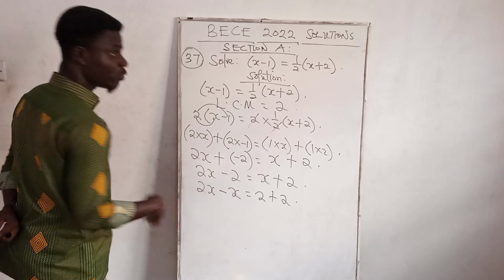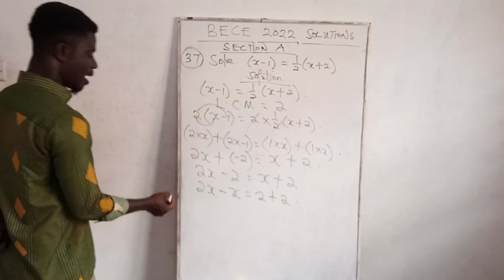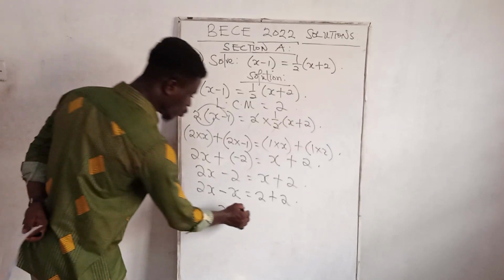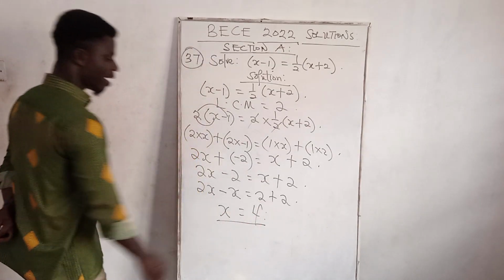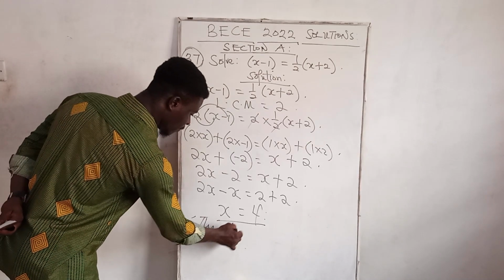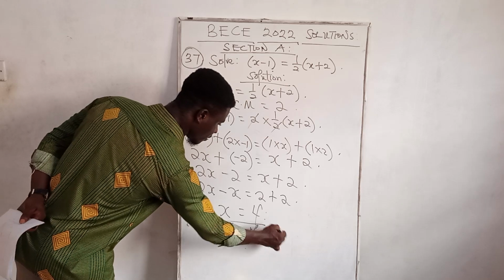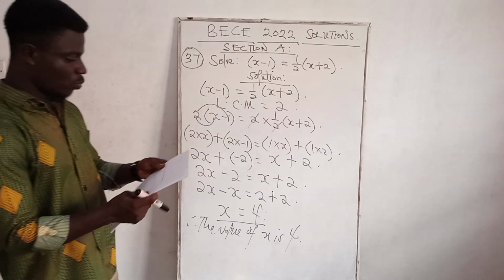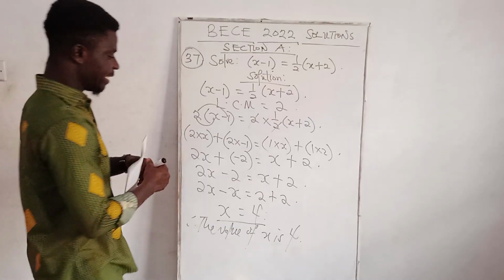So twice of x minus x gives us x, which must be equal to 2 plus 2, which is 4. So therefore, the value of x is 4, which is option D.